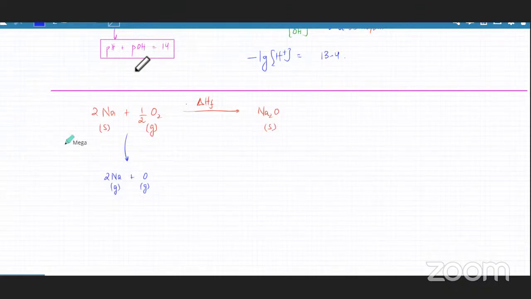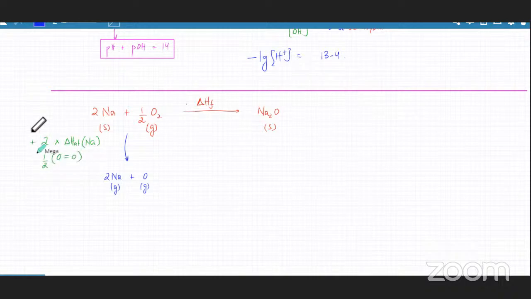One would be the enthalpy of atomization of sodium, but that's going to be multiplied by 2. Why? Because enthalpy change of atomization is for 1 sodium, not 2 sodiums. And the other thing is you're going to break the bonds of O2 molecules, but half of them, since it's half moles of O2, so you're going to break half moles of O double bond O.